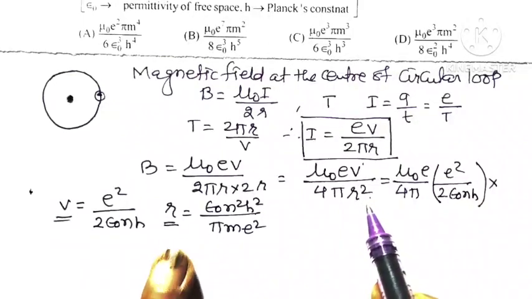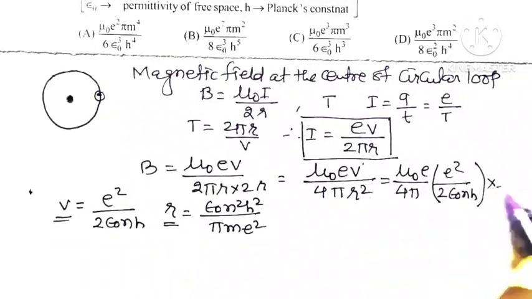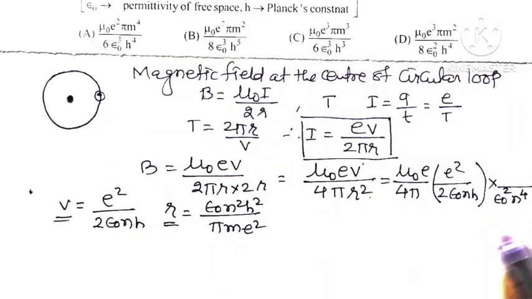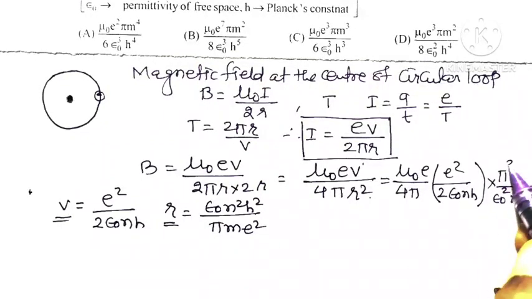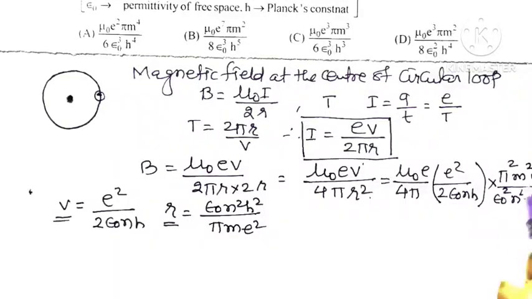See here, what is R square? R square is epsilon 0 square n raised to 4 h raised to 4, and this square term in the denominator goes into the numerator, so it is pi square m square e raised to 4.